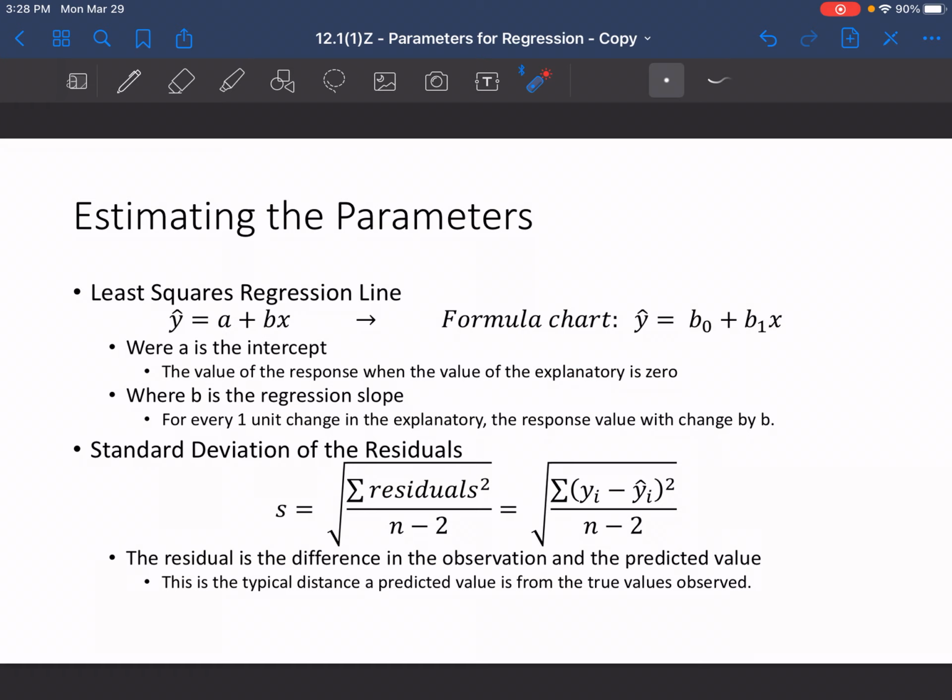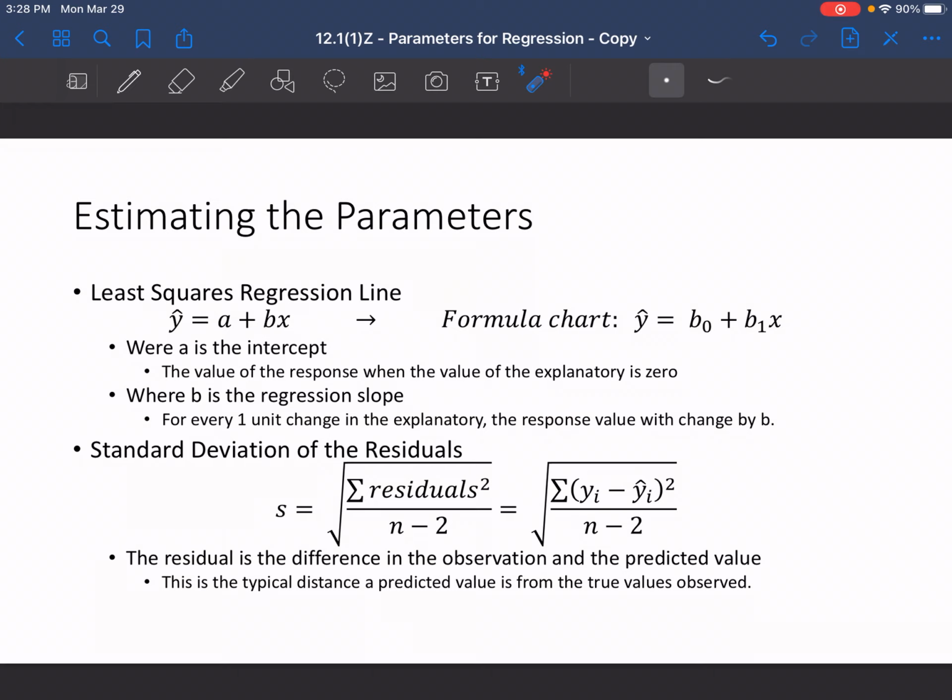So the value of our y-axis or our response variable where our explanatory or x value is 0. And then b is representing the slope or the regression slope. And so for every 1 unit change in the explanatory, the response value will change by b.